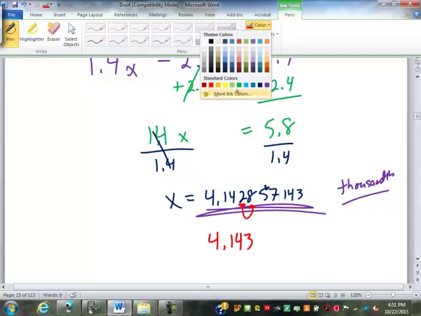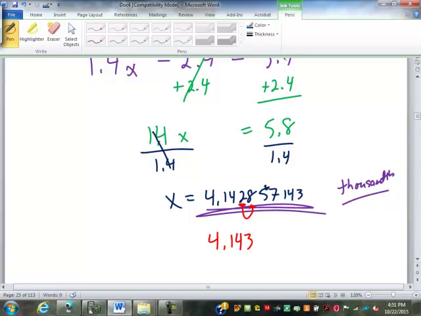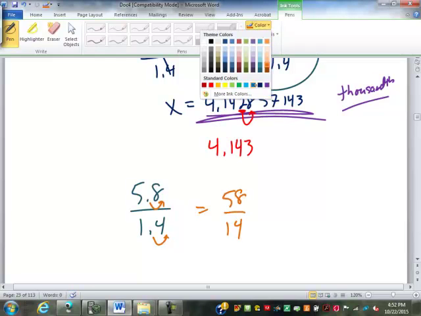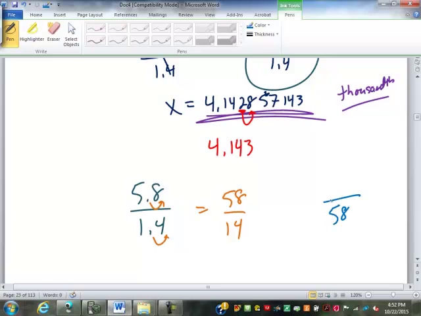I'm going to show you a little trick here, though. I don't like approximate answers. This is obviously an approximate answer, because I had to round the decimal. 5.8 divided by 1.4: we can just move the decimal point and make this 58 divided by 14, and treat this just like any other improper fraction. 14 goes into 58 4 times. 4 times 14 is 56.